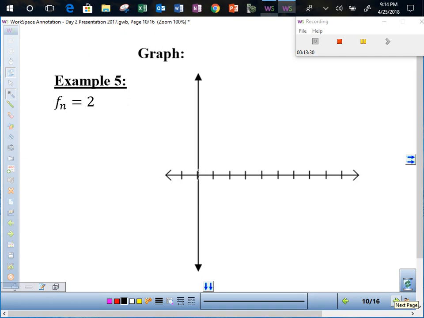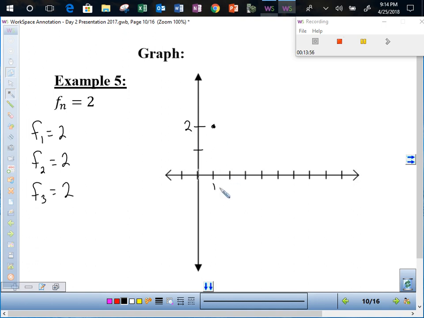Since I just said that, now let's look at our example 5. f of n is 2. So it means the value of my first term is 2. The value of my second term is 2. The value of my third term is 2. So it's going to look like this. The value of my first term is 2.